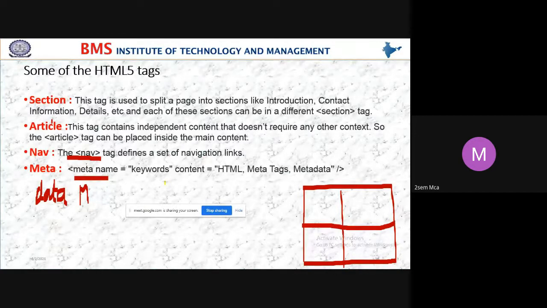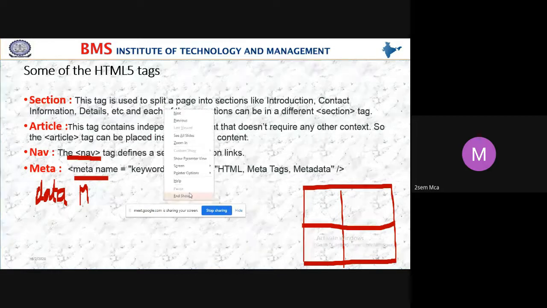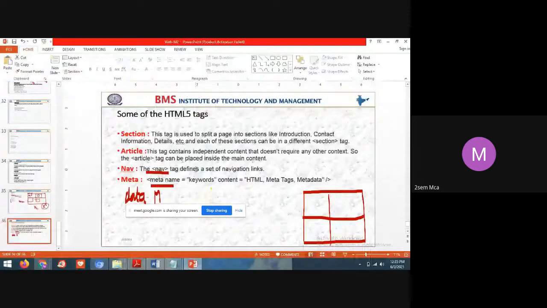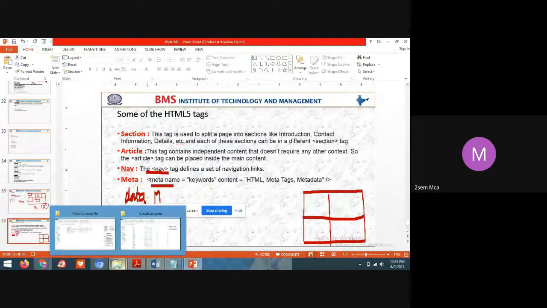Similarly, this section tag is used to split the page into different sections, and article tag is used to give a particular information or some particular instruction or some data, and this article tag is used within the section tag. For these two also I'll show some programs. Yes, understood what is article tag and section tag? Yes, ma'am.